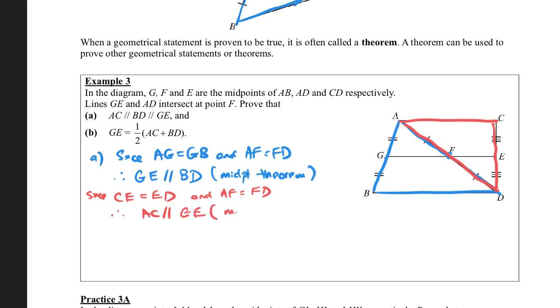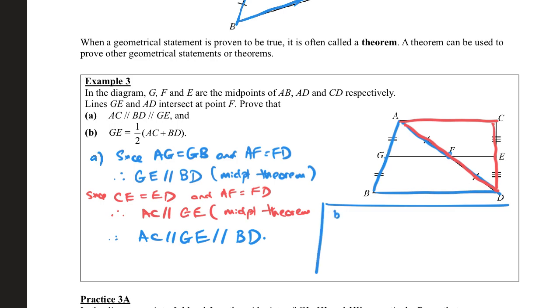Reason again, midpoint theorem. And my conclusion is, therefore, AC is parallel to GE, and GE, since it's parallel to BD, so three of them are parallel. Okay, this will be for part A.